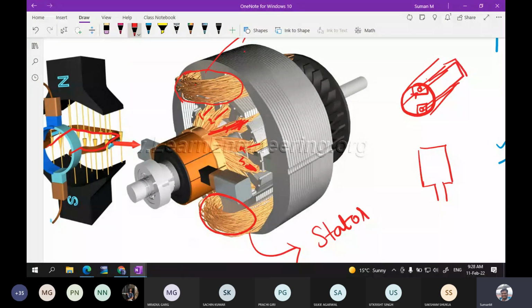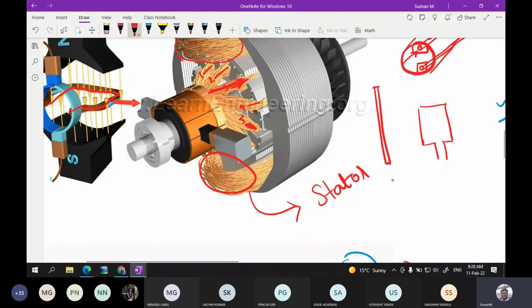Means I am having a single wire. That single wire I am winding in a rectangular shape like this. So the conductor will be looking like this. Okay, so it is a single conductor that I am bending in a rectangular shape. If I bend this in rectangular shape, I will be getting a structure like this that is shown here actually.